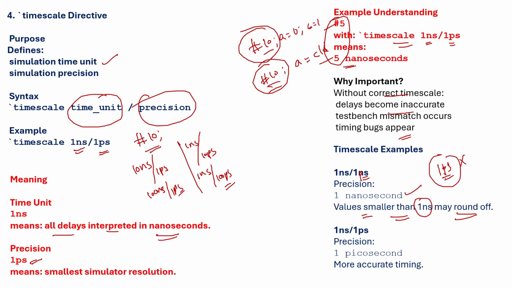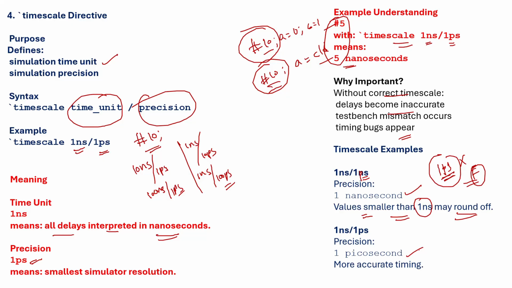Below values, like picoseconds or femtoseconds, are not considered and it will round off. And if you consider 1 picosecond precision, that means accurate timing.